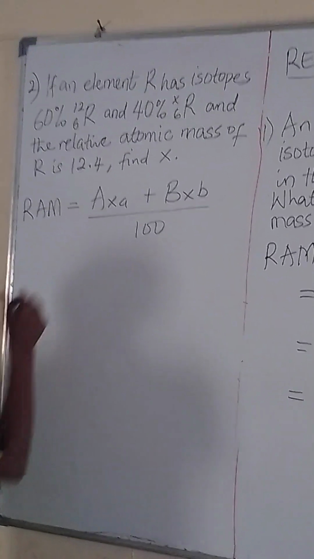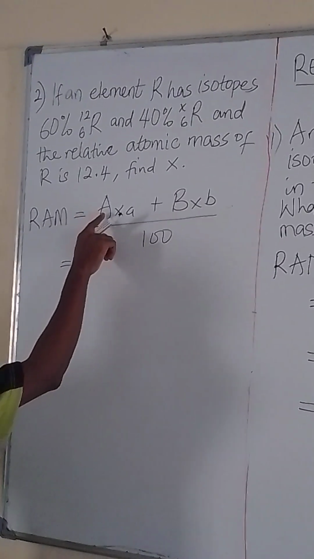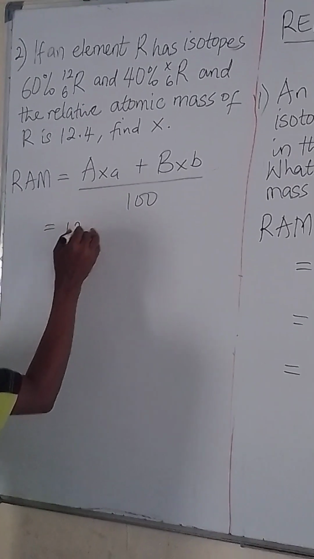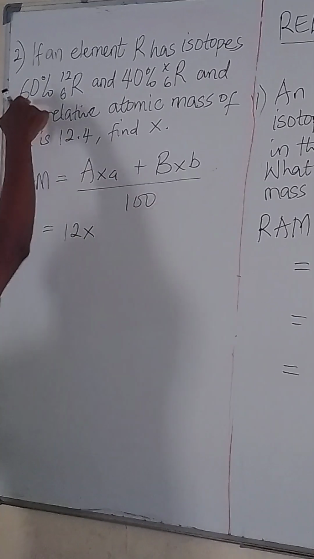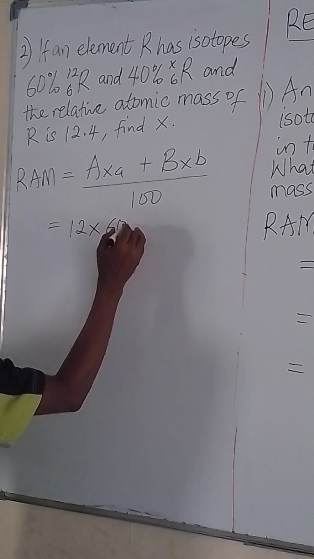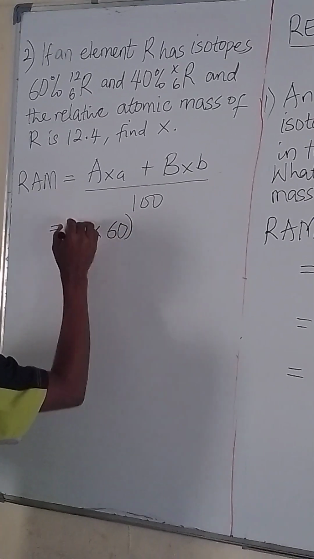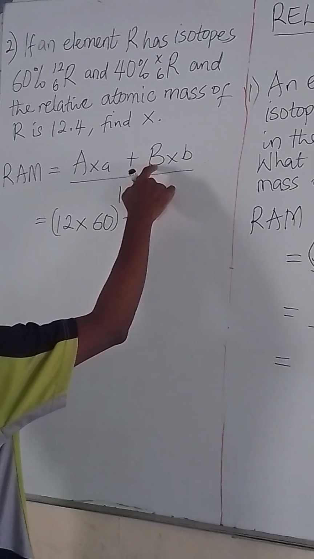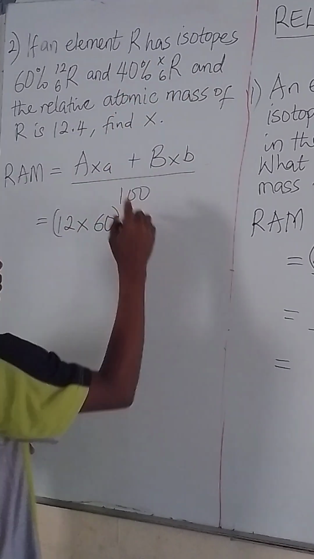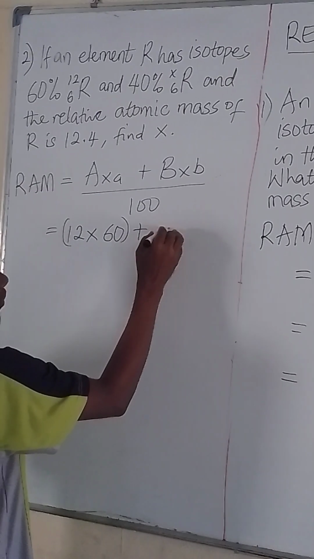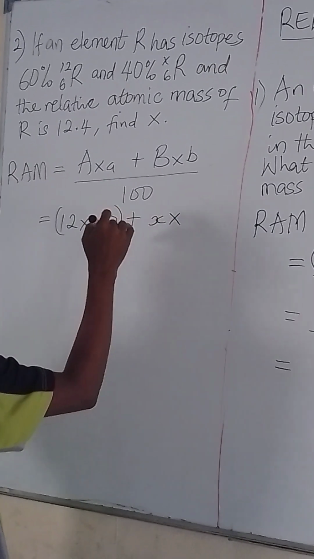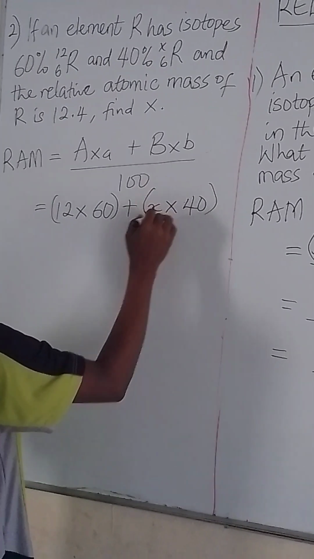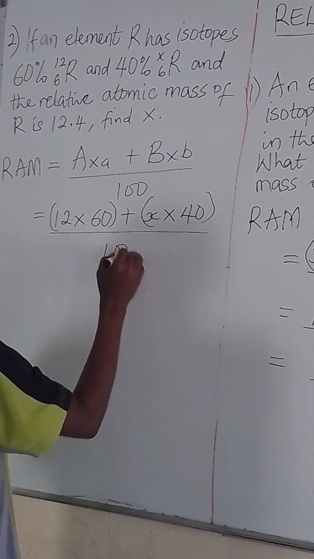Okay, so by substitution, our A will be 12 times small a, 60%, plus B is X, which is what we are looking for, times the proportion, which is 40, all over 100.